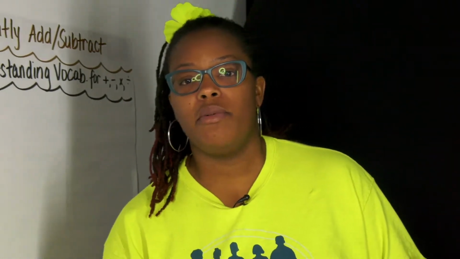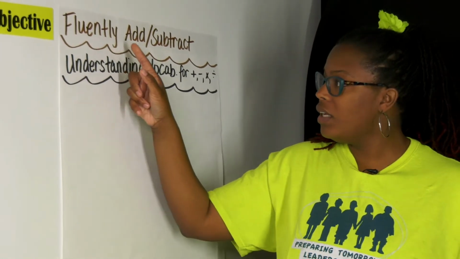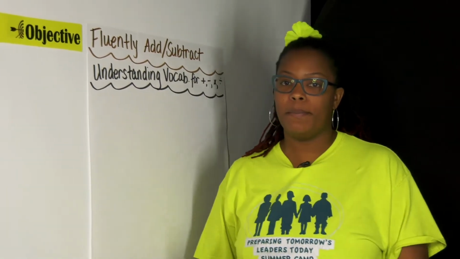So it is Space Week, so we are adventuring this week into space, and I hope you all are enjoying learning about different attributes of space, and we're gonna get right to our math. So today we're actually gonna do two things. We are going to make sure that you can fluently add and subtract.